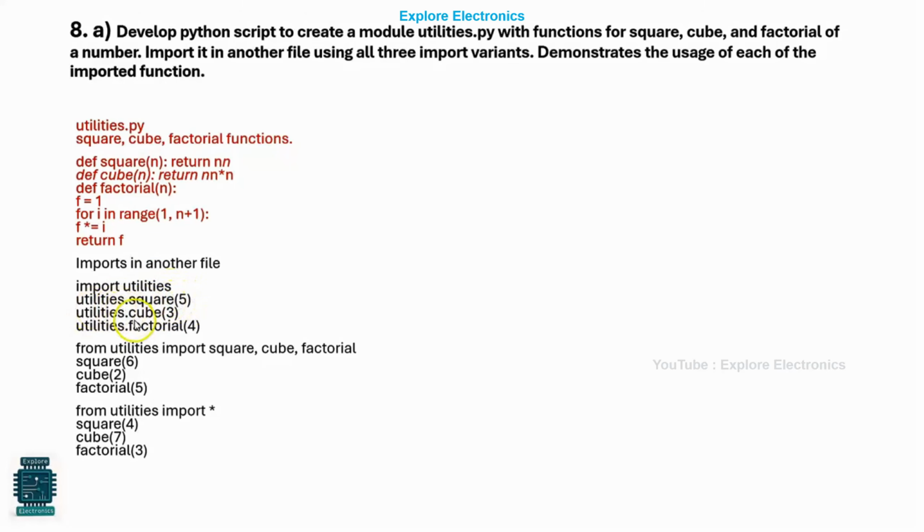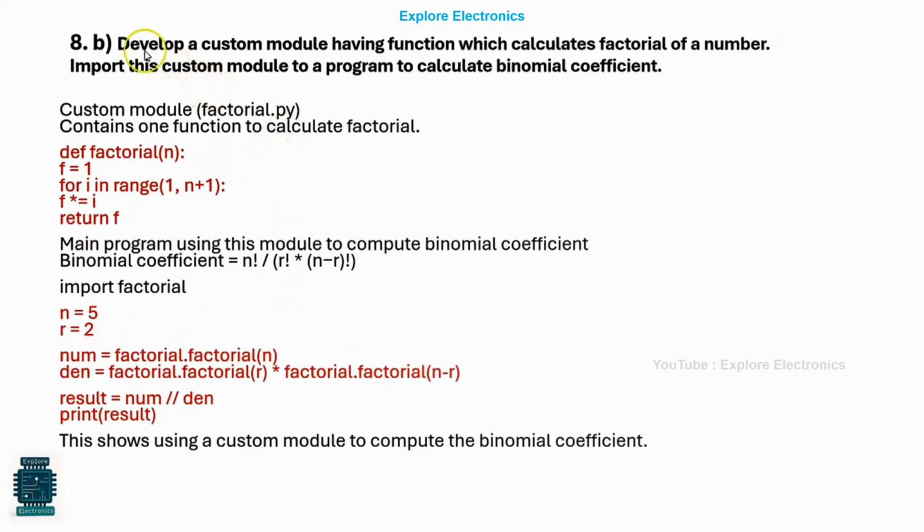After that, utilities dot cube of 3 calls the cube function with the argument 3. Again the same for utilities dot factorial of 4. Clear? Same for these two also. Let us move to the next question.